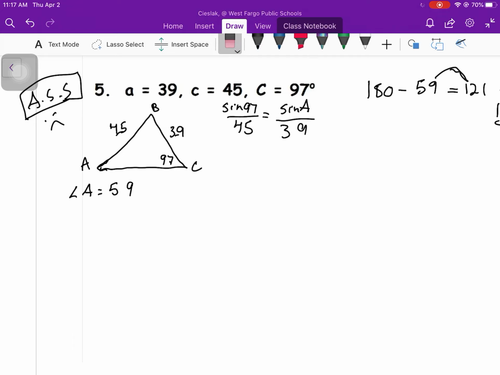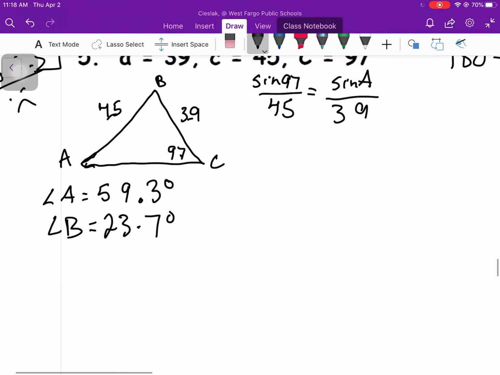Okay, I don't know why I rounded that. So this was 59.3 degrees. So angle B, take 180 minus 59.3 minus 97, and we get 23.7. Sorry about that, guys.